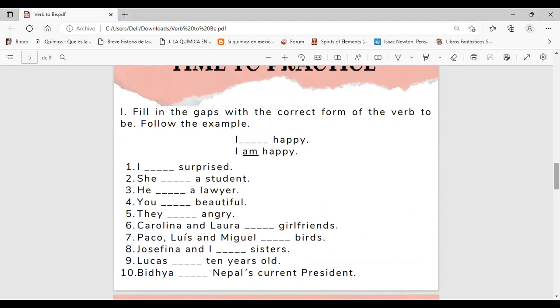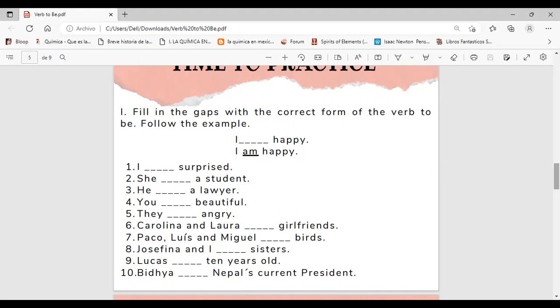I space surprised, she space student, he space a lawyer, you space beautiful, they space angry, Carolina and Laura space girlfriends, Paco, Luis, and Miguel space birds, Josefina and I space sisters, Lucas space 10 years old, and last one, Vidya space Nepal's current president.